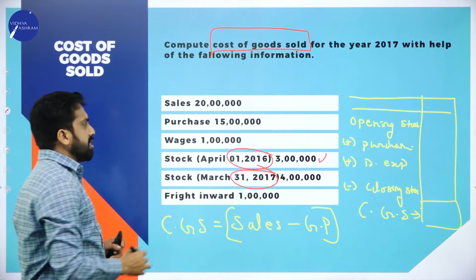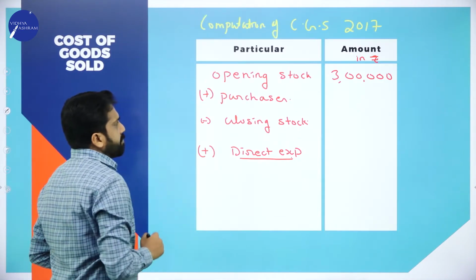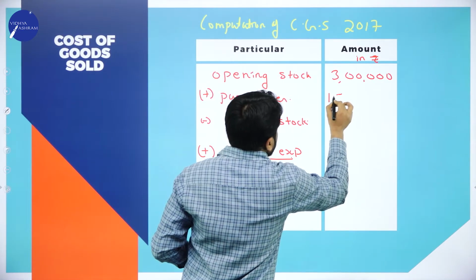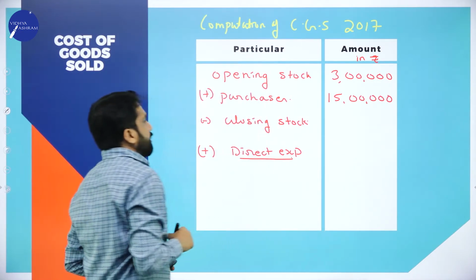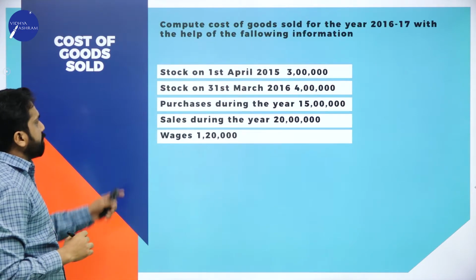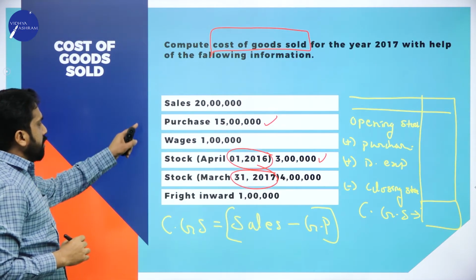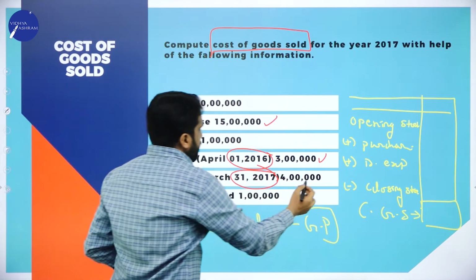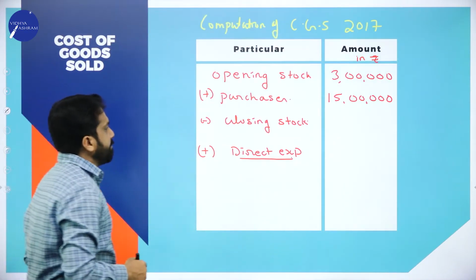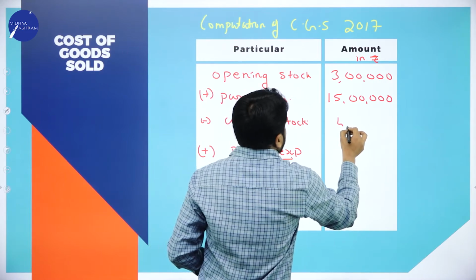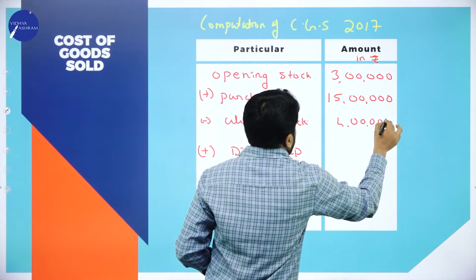We have purchases of 15 lakh. Now, closing stock. How much do we have in closing stock? We have closing stock of rupees 4 lakh. Now, your 4 lakh is your closing stock.